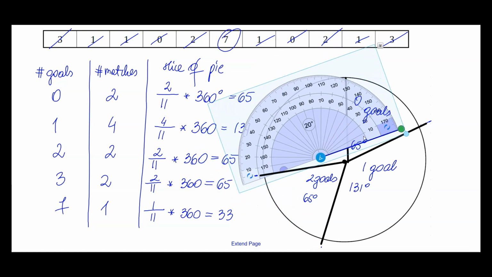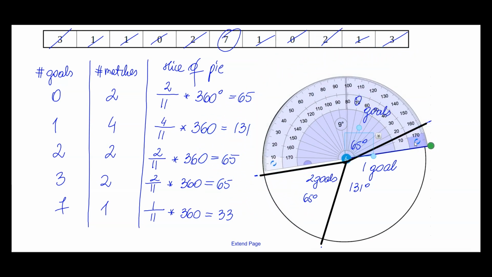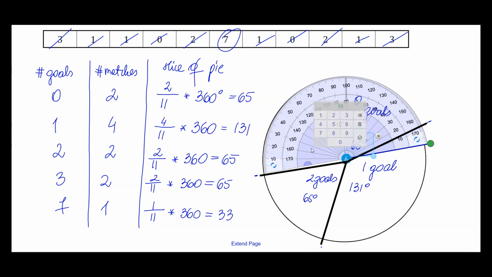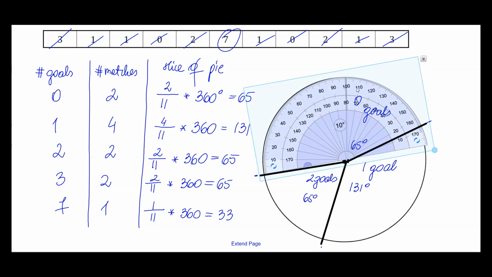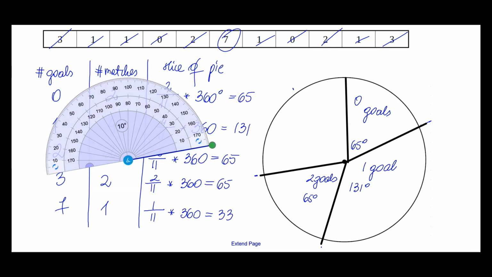We make sure that middle is in the middle and my 0 is aligned with 0. The next one is again 65, so we go 60 and 5 is here. And then a straight line to join that from the middle. This time we are writing 3 goals, and the angle is 65.